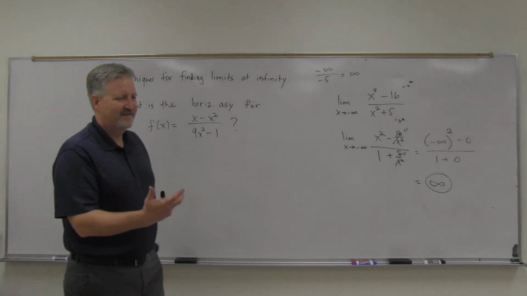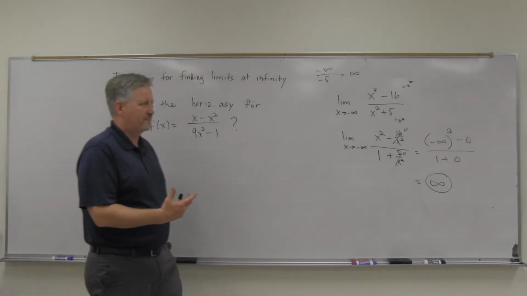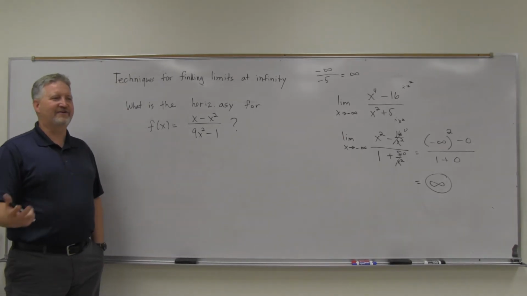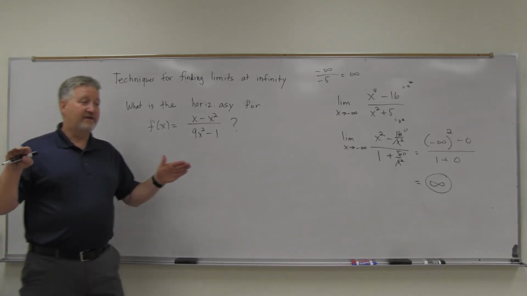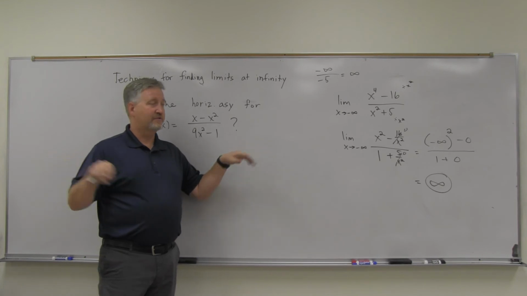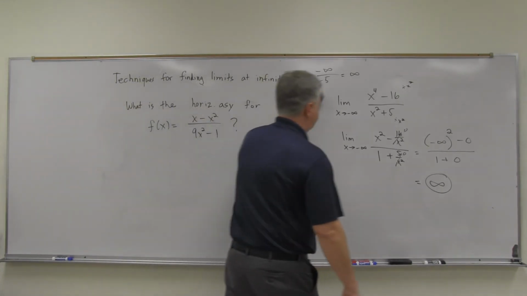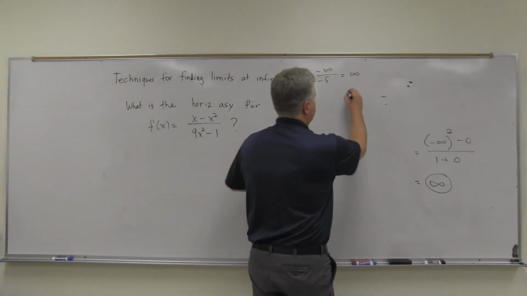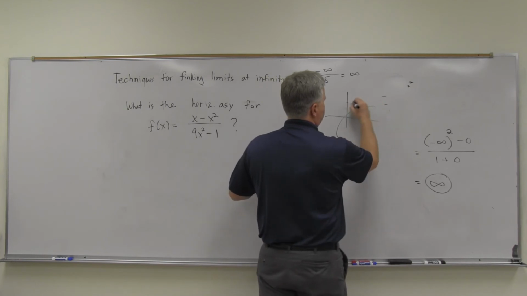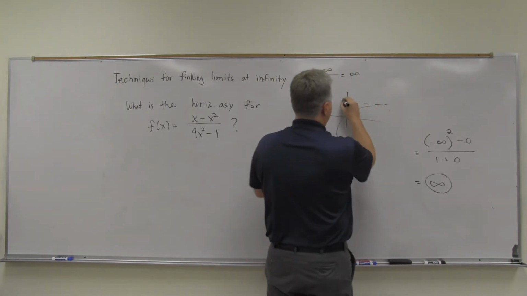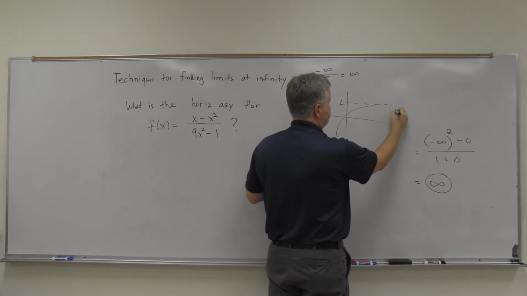Well, this is the same version of the problems we were just doing, asking a little differently, because remember, the equations of the horizontal asymptotes were what? It was y equals L, right?